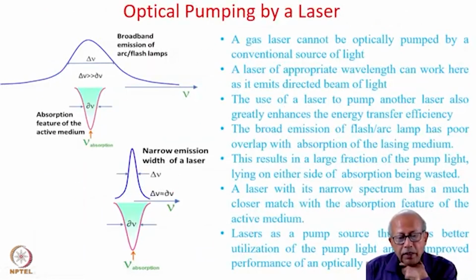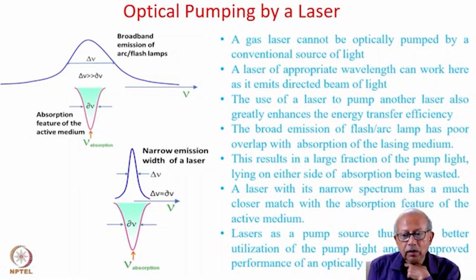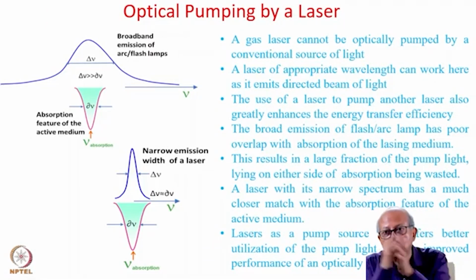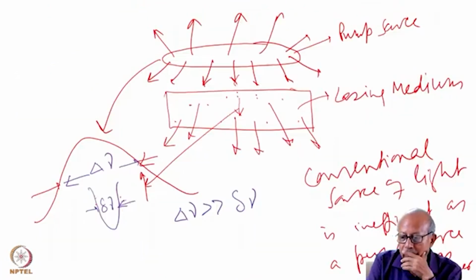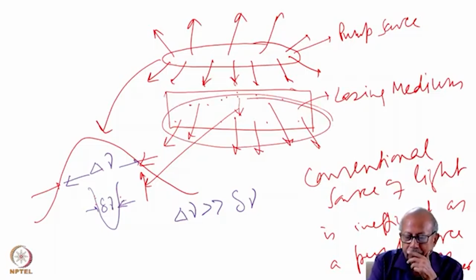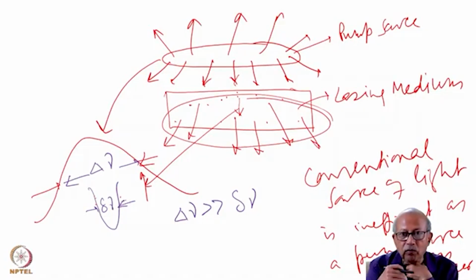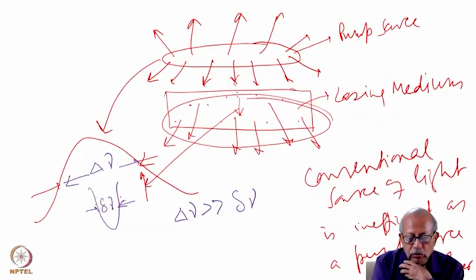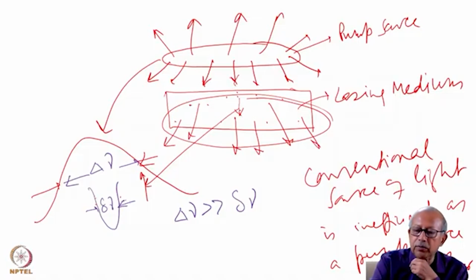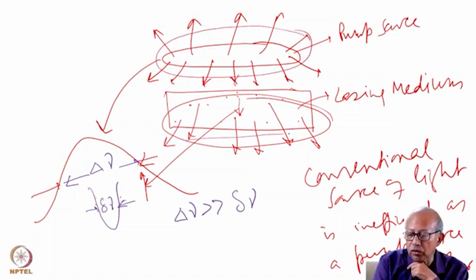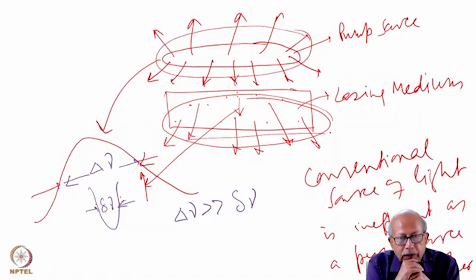And we have also seen that if a second laser is used to pump a gas laser, both these disadvantages can be overcome. That is, the disadvantage that the majority of the light is escaping through the empty spaces, and also the frequency mismatch of the source of light with the absorption feature of the pumped medium.